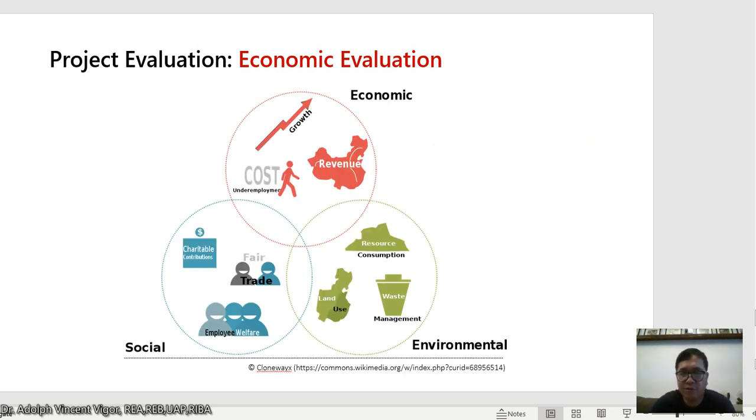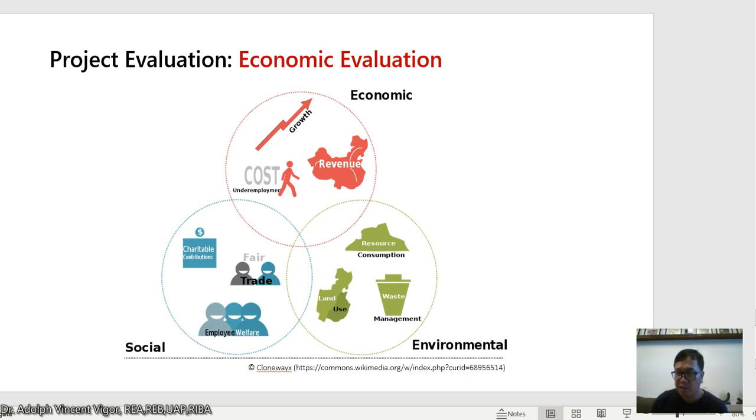So when you think about project evaluation, you need to think about these three. In project management, guys, we call this the triple bottom line, which is the economic, the social, and the environmental. When you think about the social, you need to think, will that development benefit a community?